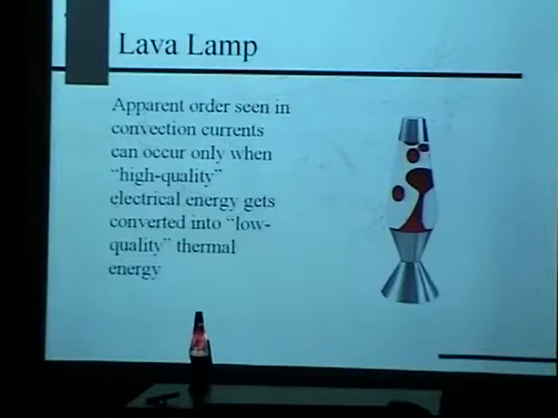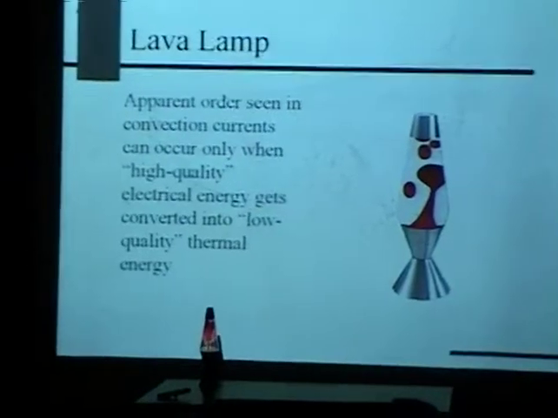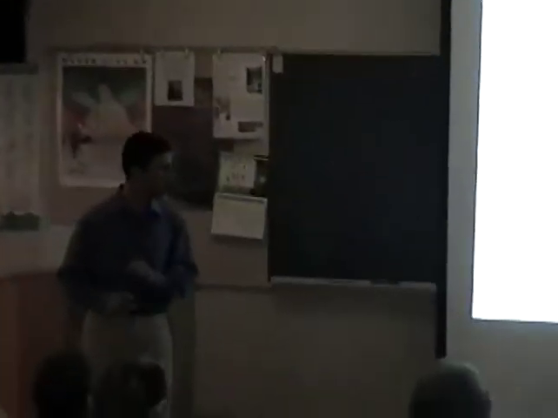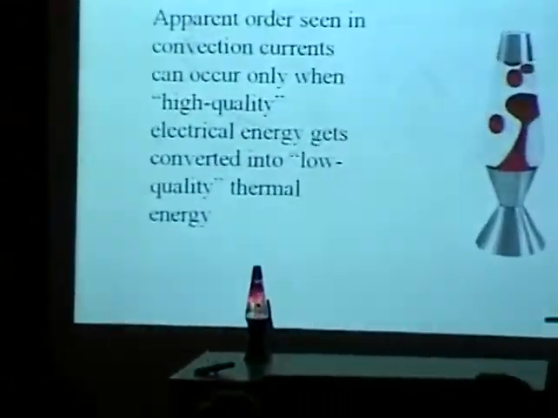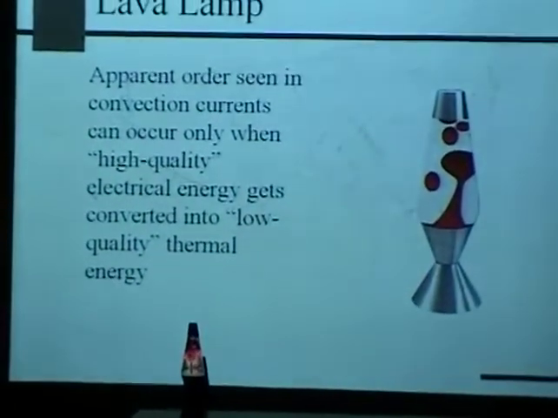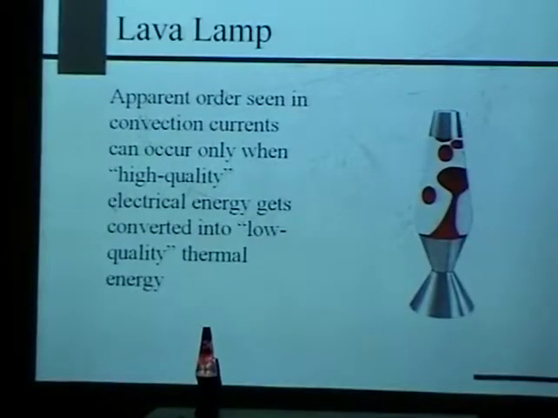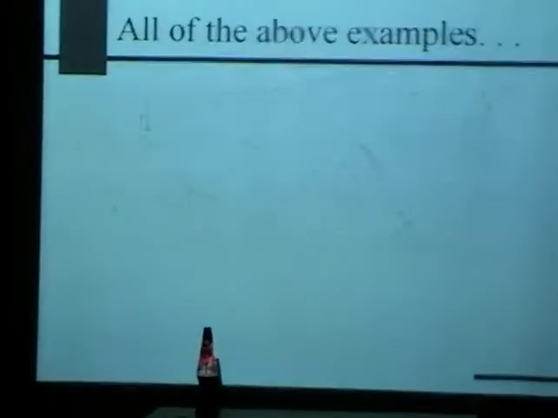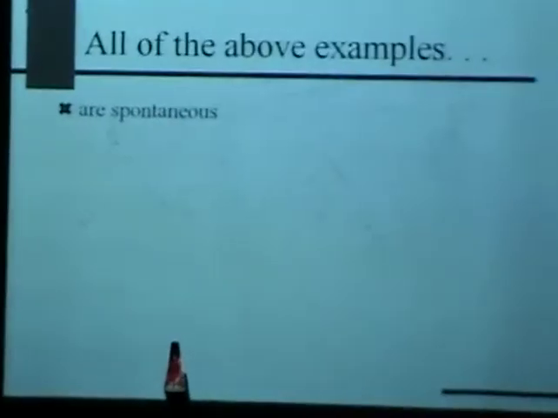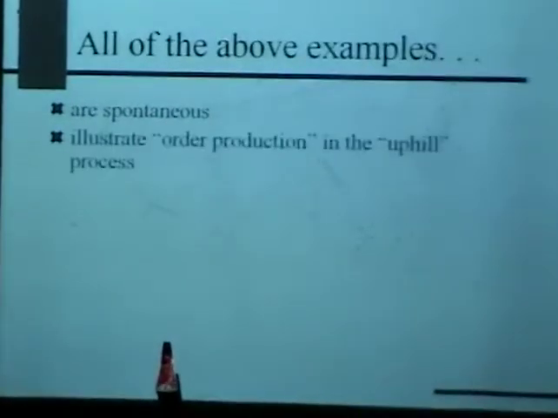Well, you can see that there's some order to this, but you remove the downhill flow of energy, which is this high-quality electrical energy which gets converted into low-quality thermal energy, and all of a sudden that order disappears. So it's only by being coupled to a more dominant downhill process that you get the order. In all of these examples that I've given, they're spontaneous.